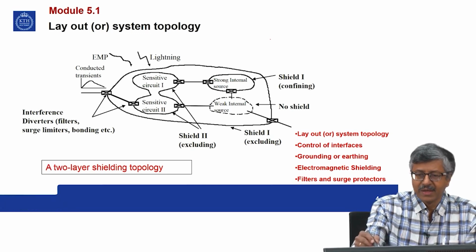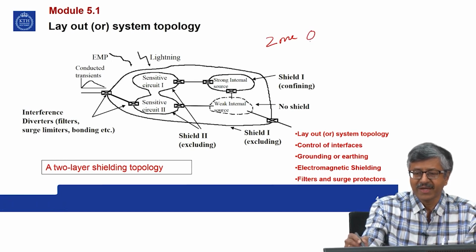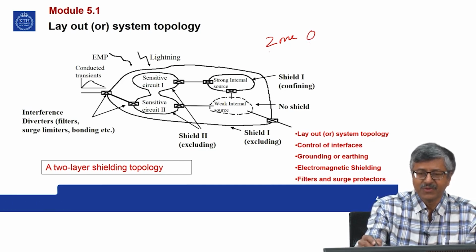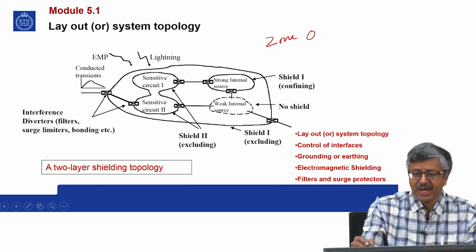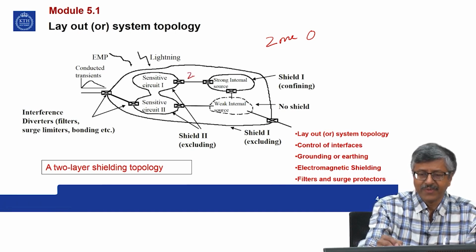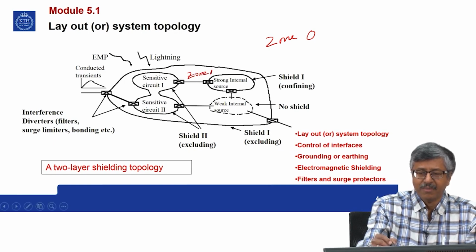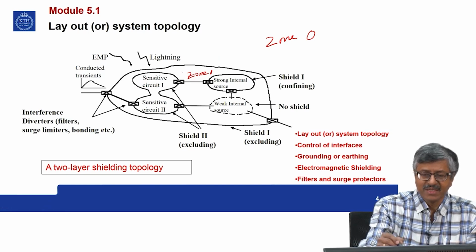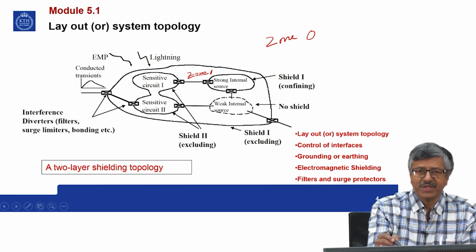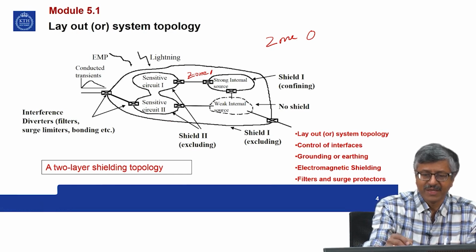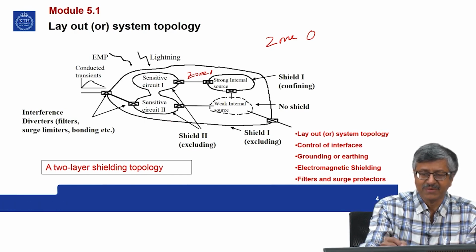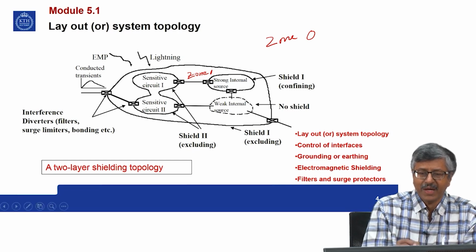Let us say it is zone 0 or something like that, and this will be a very harsh environment. And this zone over here, it will be, let us say, zone 1. By the time the fields and currents reach this zone, you want to reduce them in value. Then after that, where the sensitive circuits are, this will be another zone.